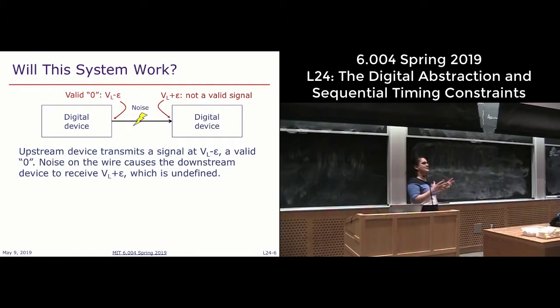So if I have a digital circuit that's going to produce something which is a valid 0, and let's say that valid 0 was very close to my valid low threshold, so let's say it's valid low minus some epsilon. And then I transmit it along this wire to my next circuit that I want it to become an input to, but there's a little bit of noise.